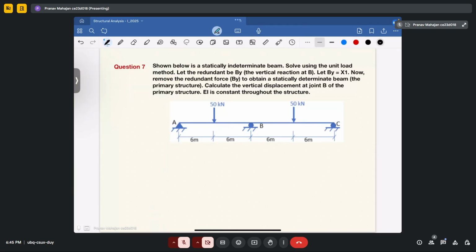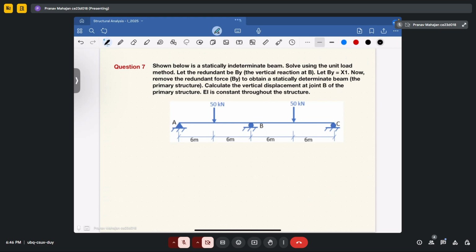Now your question number 9 is telling you you are having a continuous beam subjected to a 50 kilonewton load at the center of each span. And let's read the question first. It is mentioned that shown below is a statically indeterminate beam. Solve using unit load method. Let the redundant be By.